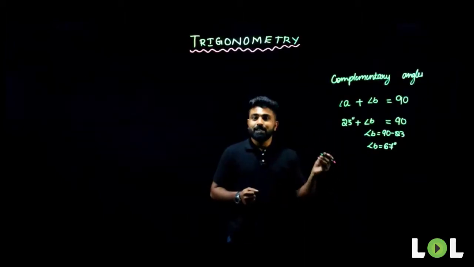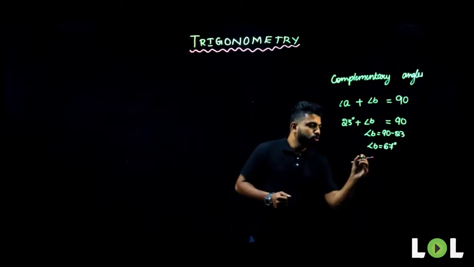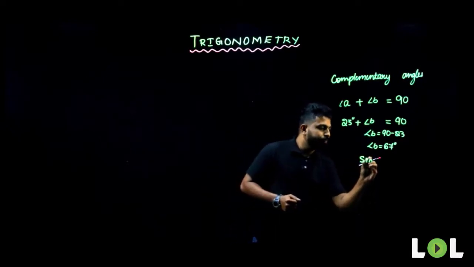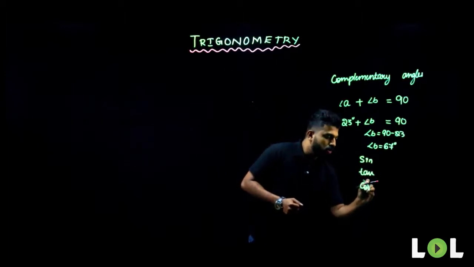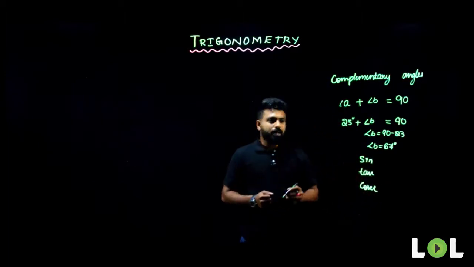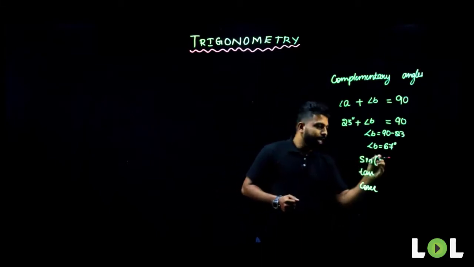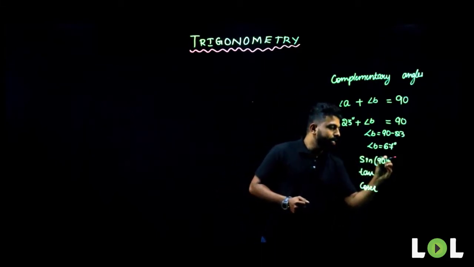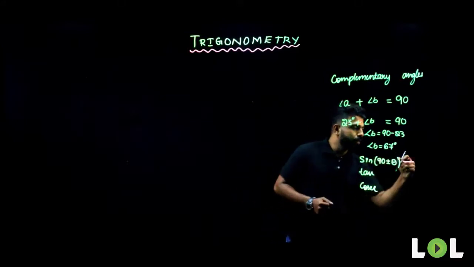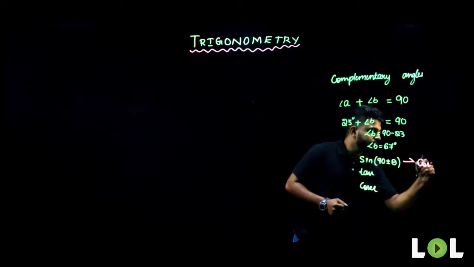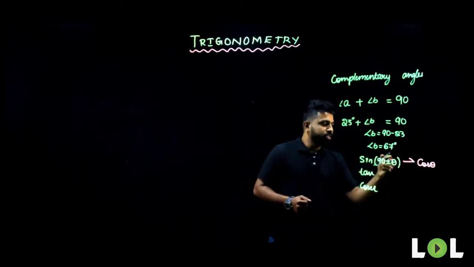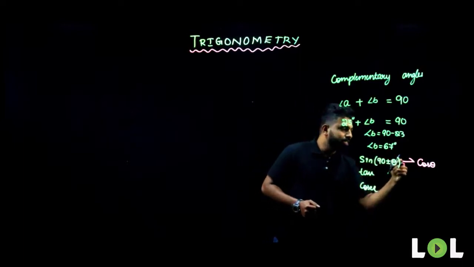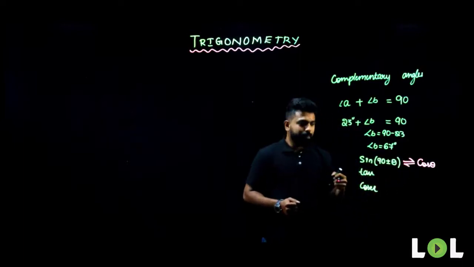In our first class, I have already told you that for sine, cos, tan, cot, secant and cosecant of theta, if they are moving about 90 degrees, that is 90 plus or minus theta, then sine will change its value to become cos. Similarly, cos of 90 plus or minus theta will change to sin theta.